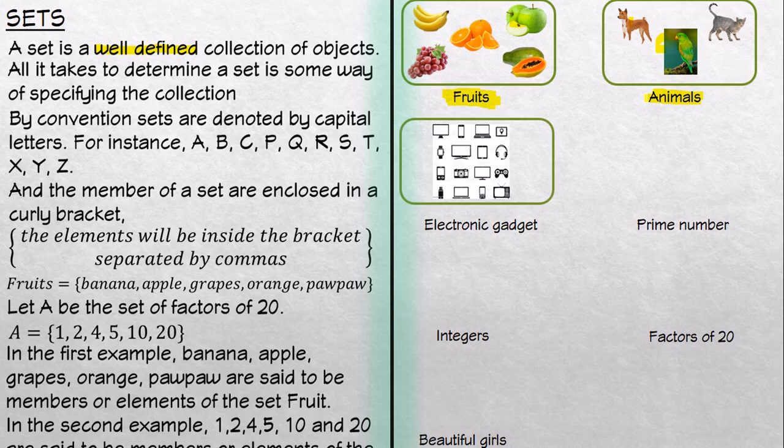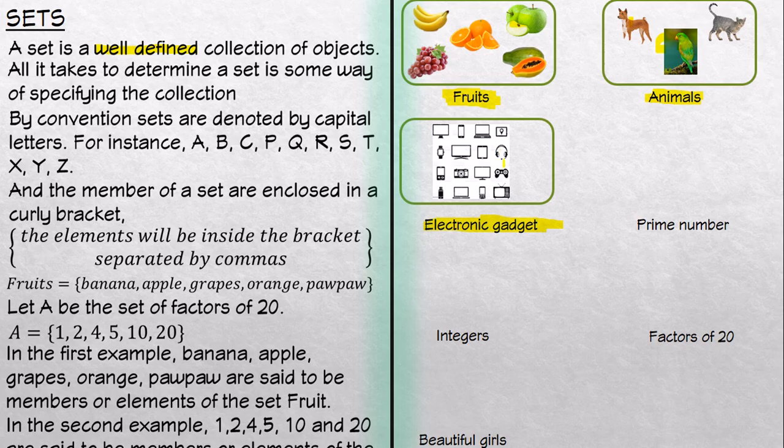Another example will be the set of electronic gadgets. When we talk of electronic gadgets, we are talking of the mobile phones, the laptops, the headset, the joysticks, the pen drive, the television set, and so on and so forth. All these are electronic gadgets. By the way I have defined the set, it should tell me the elements that I am supposed to have in this set and elements that I cannot have.